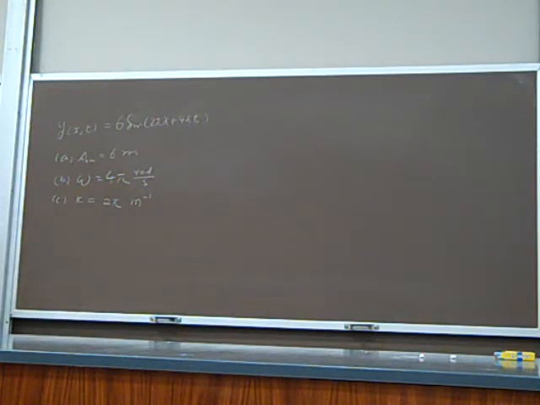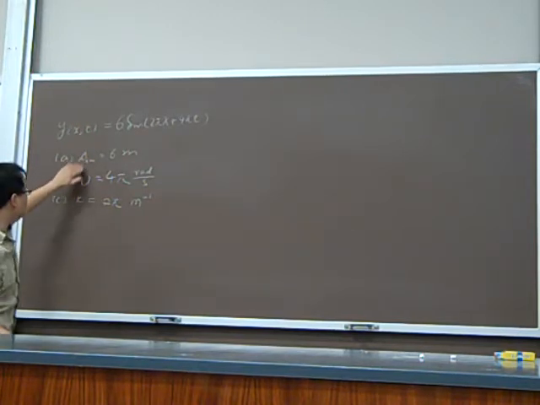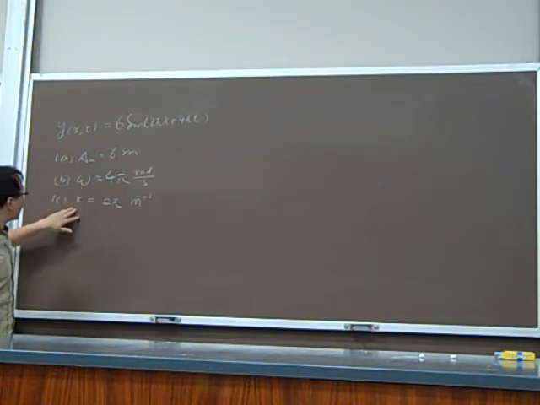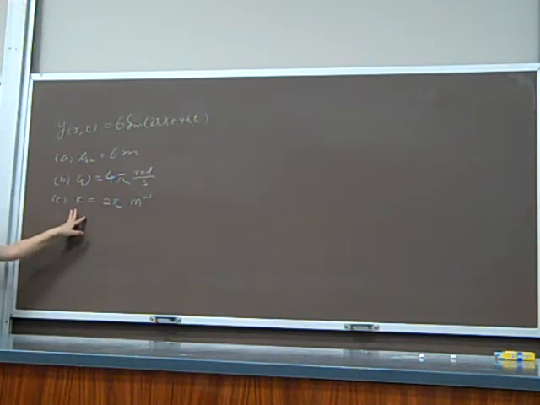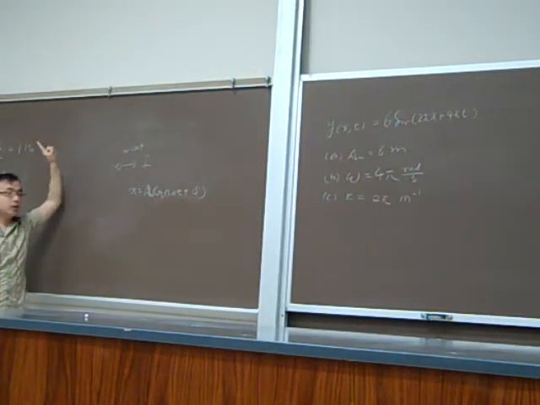Any question here? So they are the quantities you can directly read from the wave equation: amplitude, angular frequency, and wave number k. Okay, and for the oscillation, omega has a central role.